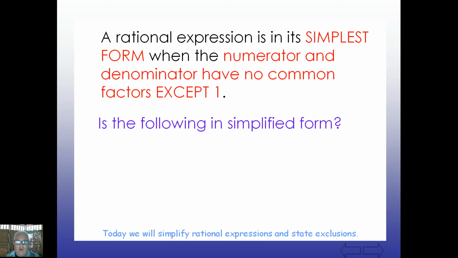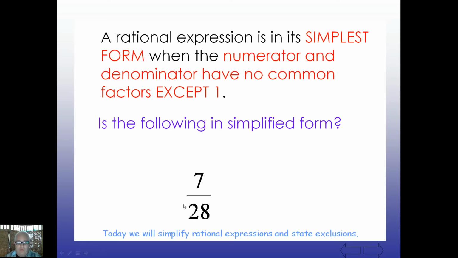So let me ask, is the following in simplified form? 2/5. So take that rational expression, or otherwise known as a fraction. Can we reduce that? And the answer is no. 2/5 is reduced. Their greatest common factor is 1. How about 2/6 though? Well, this here, of course, has a common factor of 2. So this is not reduced or not simplified. 7/28.